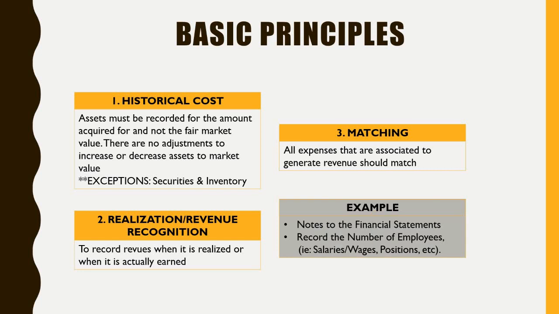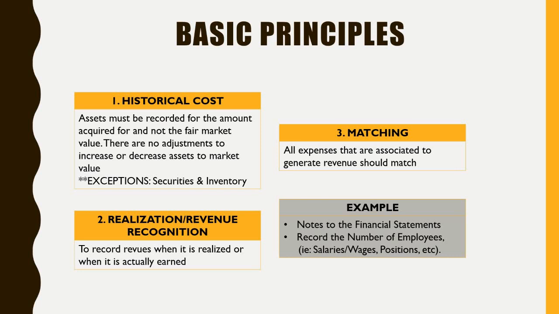Here's an example, talking about my employees. If I have a total of 20 employees, in my journal I record it as $100,000. But if I just looked at my journal only, and it says my salaries and wages expense is $100,000, what does that tell me?